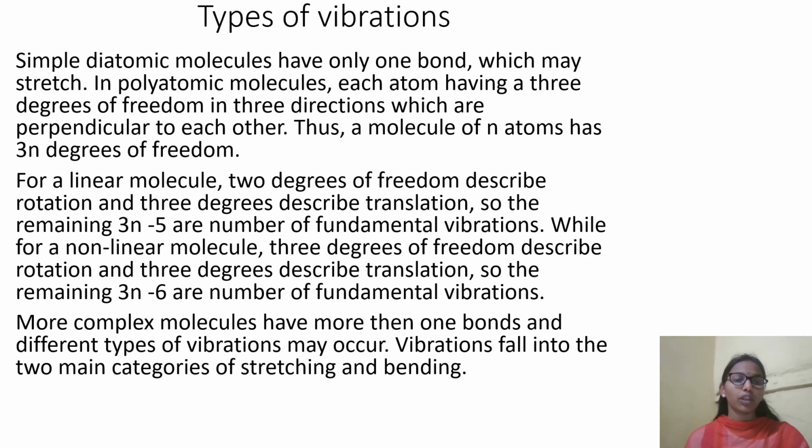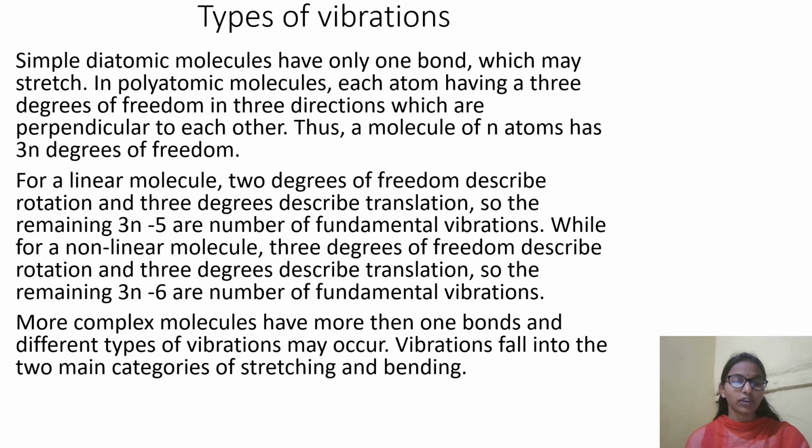For a linear molecule, 2 degrees of freedom describe rotation and 3 describe translation, so the remaining 3n minus 5 are the number of fundamental vibrations. For a non-linear molecule, 3 degrees of freedom describe rotation and 3 describe translation, so the remaining 3n minus 6 are the number of fundamental vibrations.